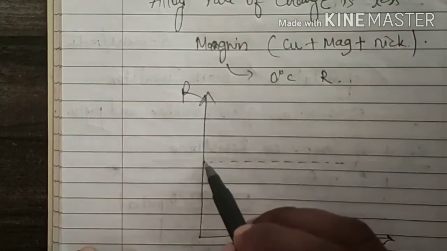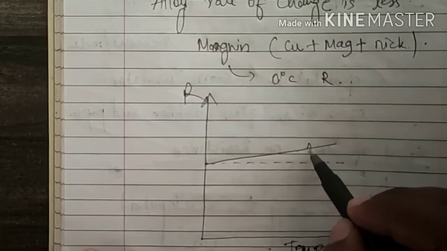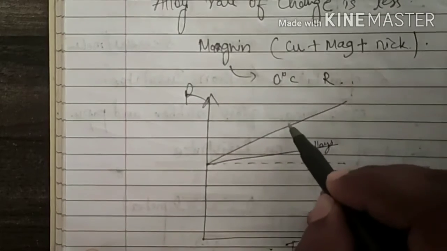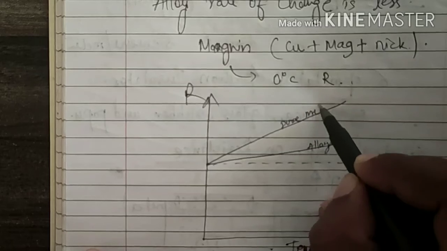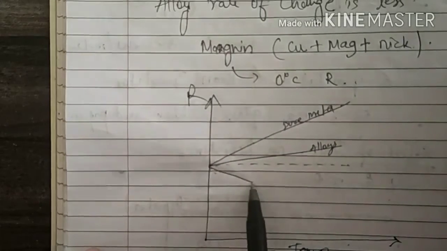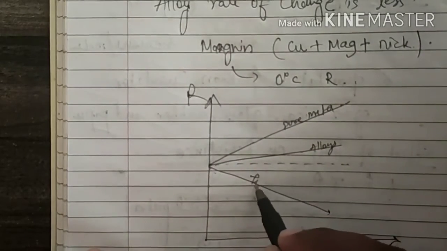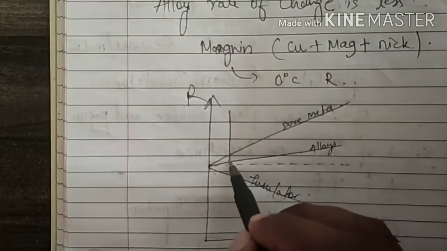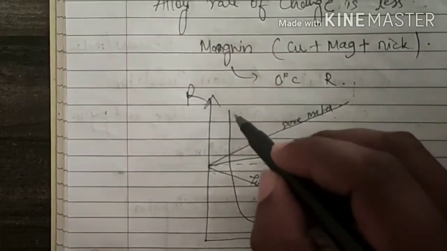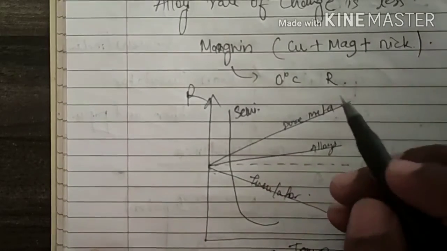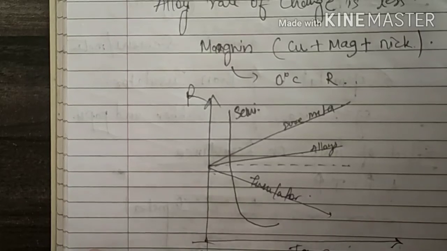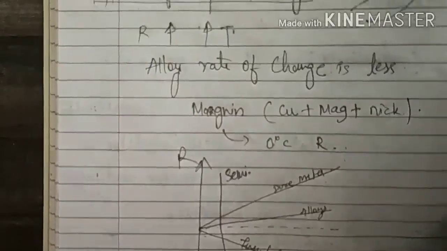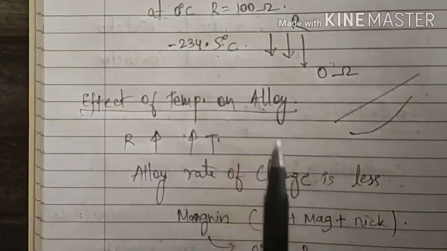My alloys will lie here, then my pure metal lies here, then my insulator and my semiconductors. We will discuss this graph in the future, but you should know this at this point. So this is 0. This is how the temperature affects alloys.